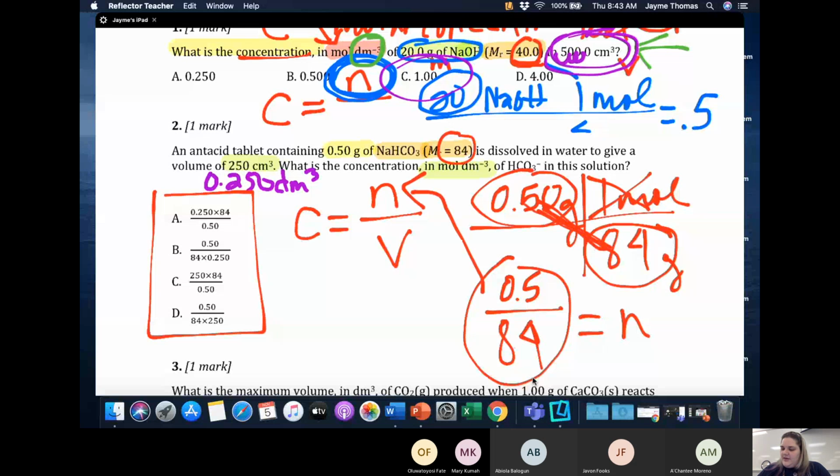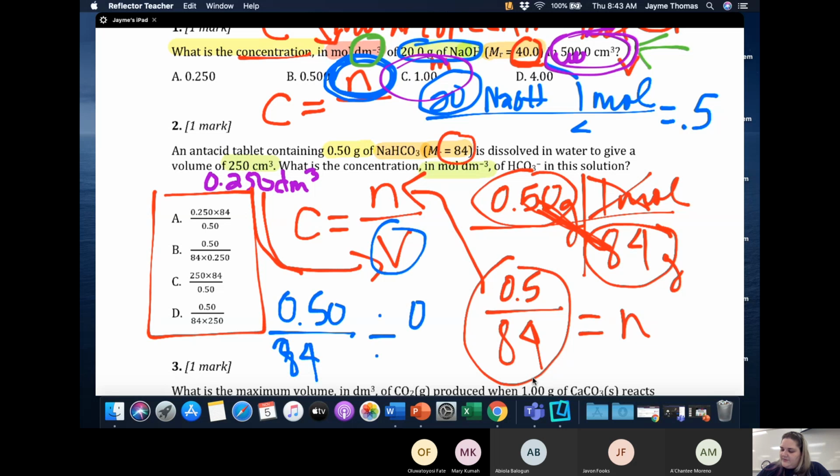And then I'm going to plug this value for V down in the bottom, that we already converted to cubic decimeters. So if I rewrite this, the n is 0.5 divided by 84, and I'm dividing by V, so I'm dividing by 0.250. Everybody okay with that?